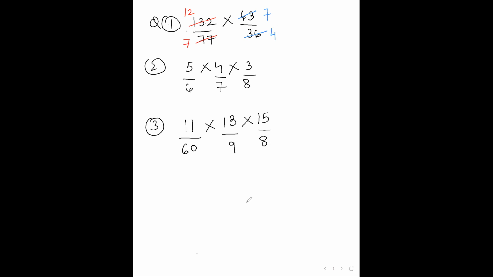Now this 7 and this 7 get cancelled. Now 4 into 3 is 12, so it will be 1. So it will be 3 multiplied by 1, yeah, multiplied by 1 or divided by 1, same thing. Fine. Yes.